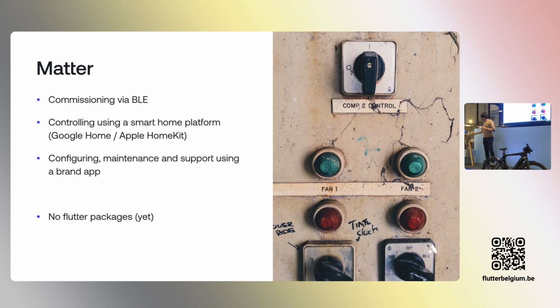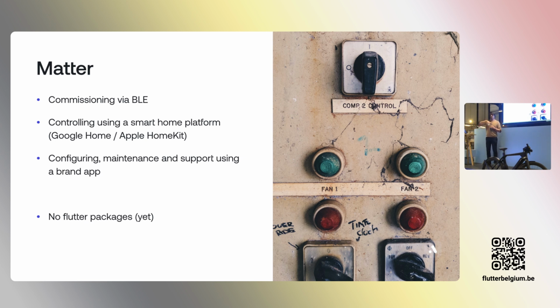But what is Matter? Matter is a new protocol that is based on Wi-Fi and on Bluetooth. It will use Bluetooth to commission a new device within your smart home, and it will most likely use Wi-Fi in order to get an IP and communicate with the other devices. It could also use Bluetooth in order to create a mesh. That's done with Bluetooth 5.0.